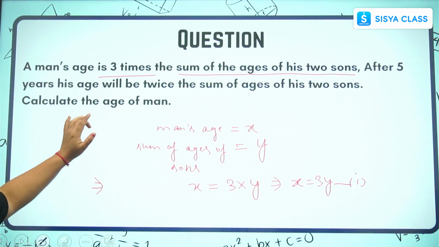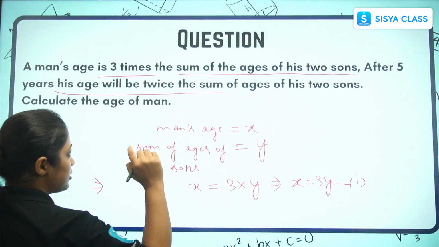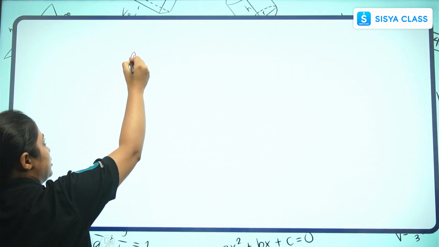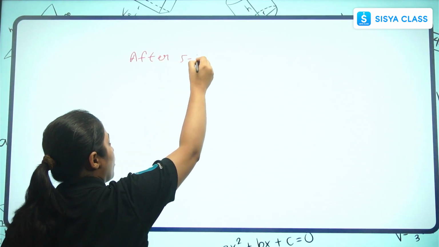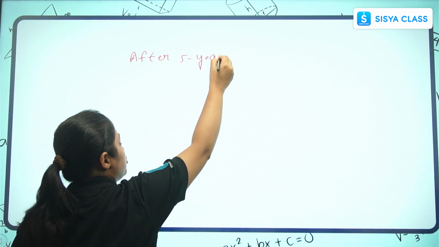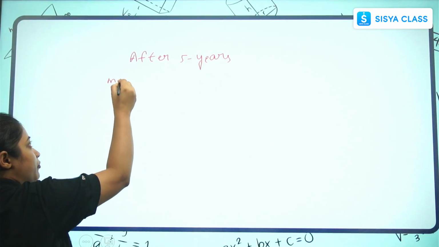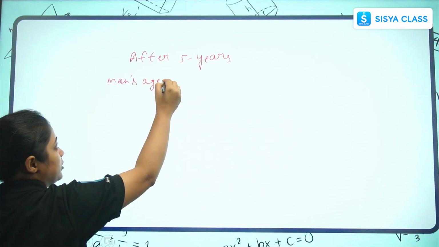Now it is given that after 5 years, his age will be twice the sum of ages of his 2 sons. So after 5 years, what will be the age of the man? The man's age after 5 years is x plus 5, right?